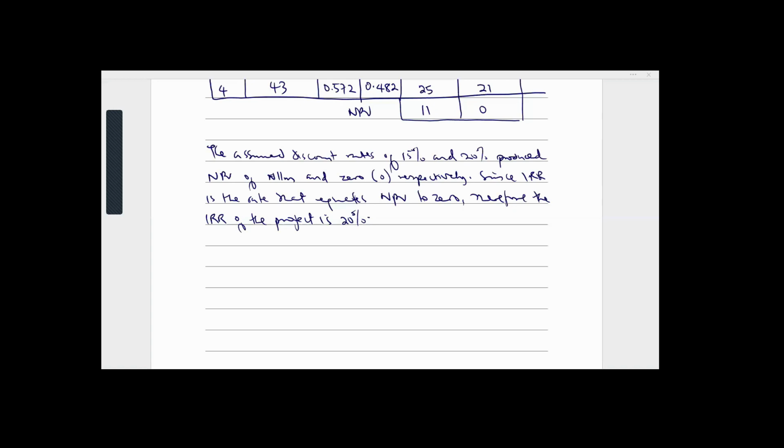When I took you through project specific cost of capital, I mentioned to you that asset beta is also known as ungeared beta, which measures only business systematic risk. Asset beta is an ungeared beta, which measures only systematic business risk.